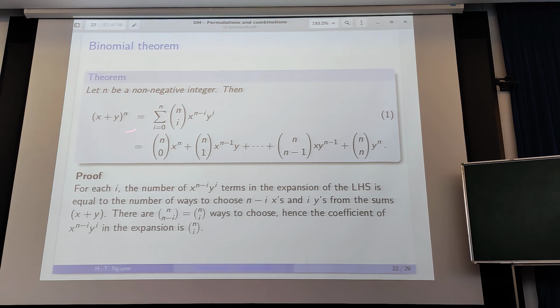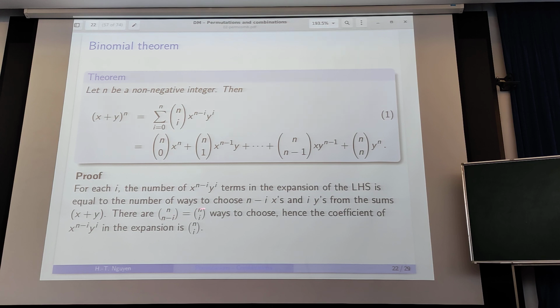Okay? So when you develop here, in fact you have these generic terms on the right hand side, and each term corresponds to one way to choose this many x's and this many y's from the n sums on the left hand side. Okay? And you know that the number of ways to choose exactly n minus i x's and i y's is equal to this.